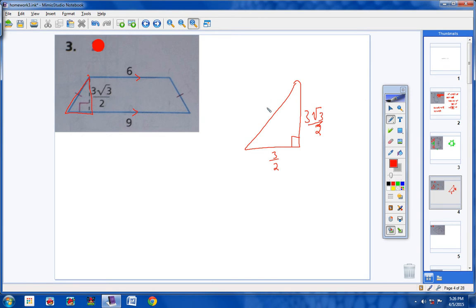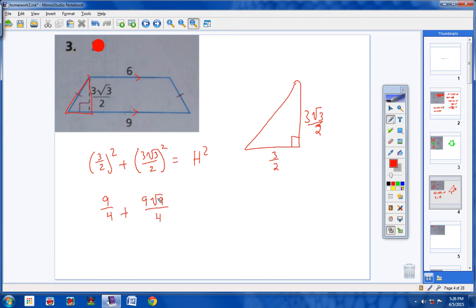So I'm missing the hypotenuse. So if I square one leg and I square the other leg, that equals hypotenuse squared. Now square this leg and you'll get 9/4 plus, now be careful, if you square this leg, you square this 3, that's 9, square the 3 here, that's square root of 9, square the 2, that's 4.